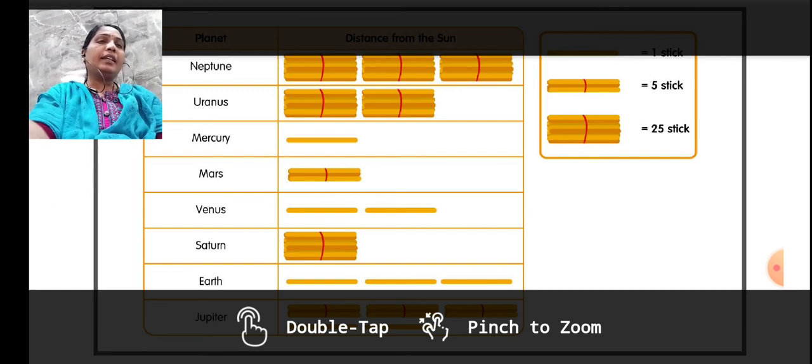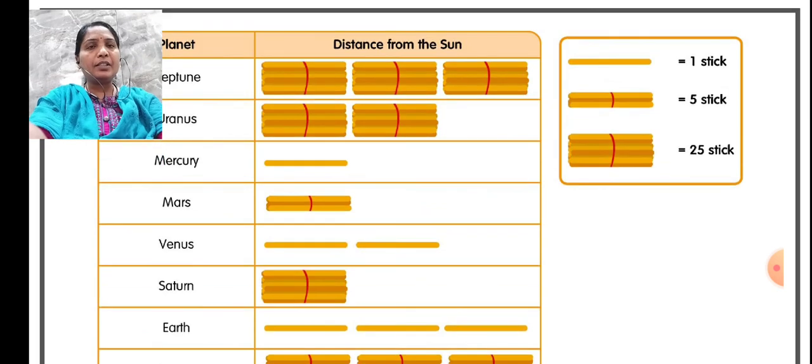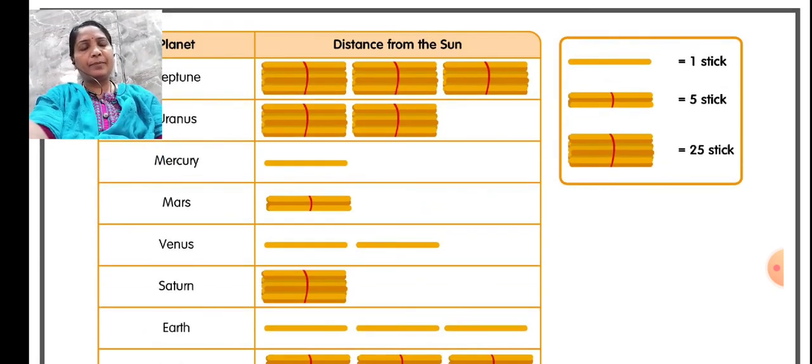This bundle shows 5 sticks and another bundle is 25 sticks. Now you can see in this picture which planet has more sticks. The last planet is Neptune.